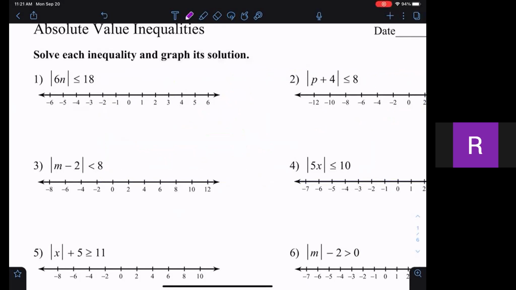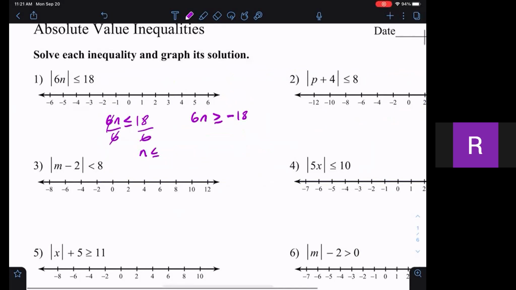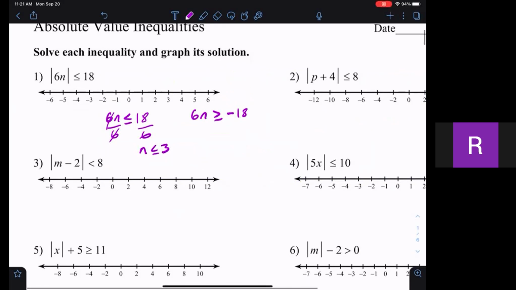So here they have the absolute value of 6n, right? The only thing you need to do is, for 6n, you basically copy the same thing, and then you do the reverse. You change the inequality and you put negative 18, and you solve for this, right? You divide by 6, and it's going to be less or equal than 3, and then you divide by 6 here, and it's going to be greater or equal than negative 3. So you put negative 3 here.